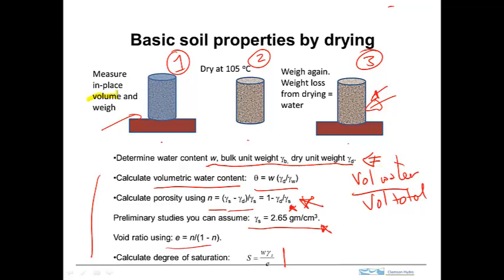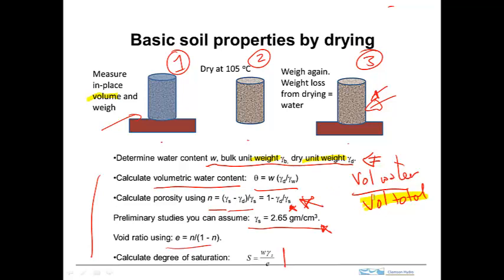But if you can't, if the soil has been disturbed during the sampling process, then you can't determine the bulk unit weight or the dry unit weight, because you can't determine this total volume. You also won't be able to determine the volumetric water content because it requires knowing the total volume.